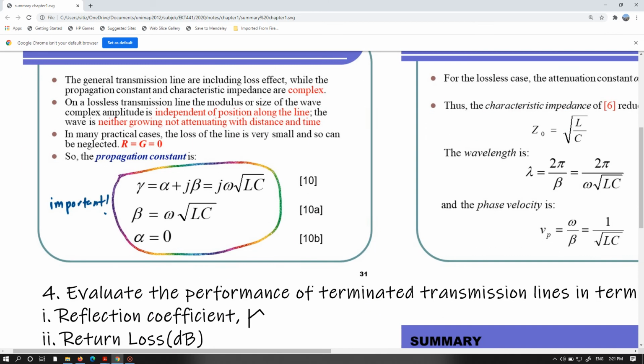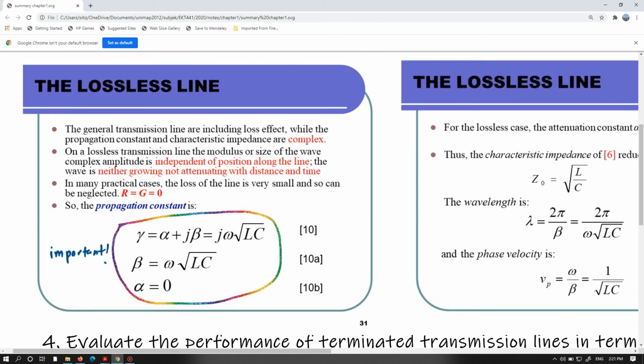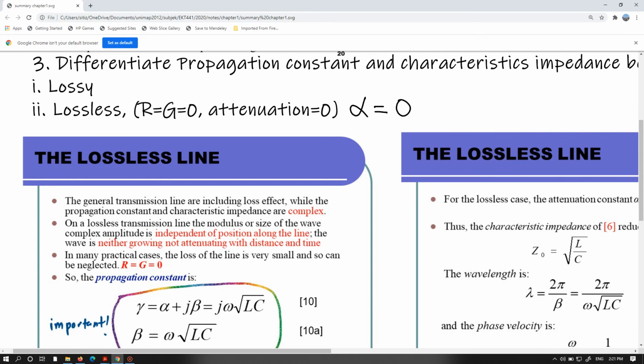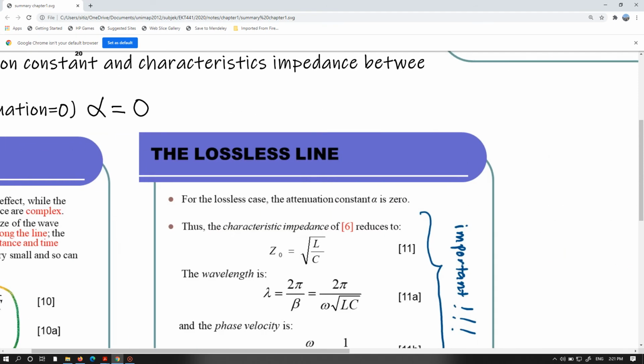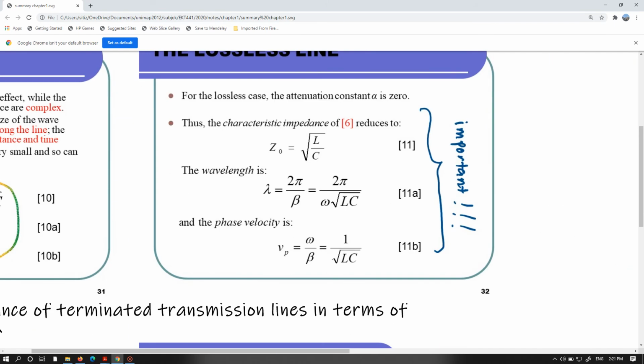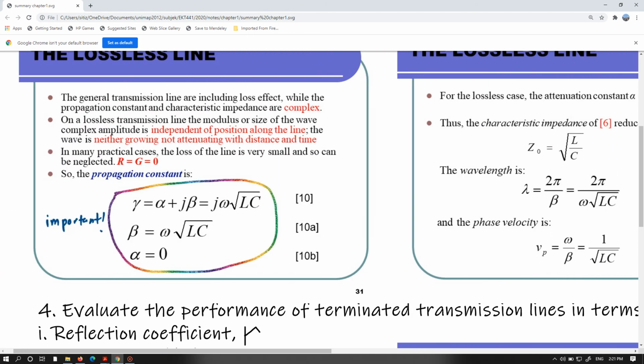When there is no attenuation, alpha is equal to 0, so your formula is now simplified like this. The characteristic impedance only has L and C. Same thing with beta and the propagation constant.